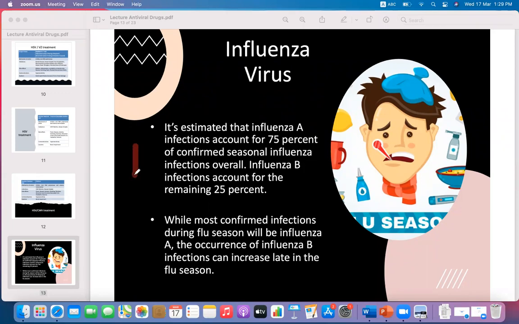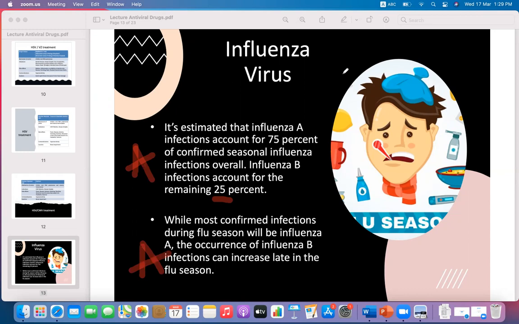So the most common cause of influenza is A. Influenza B infections account for the remaining 25%. While most confirmed infections during the flu season will be influenza A, influenza B infections can increase late in the flu season.